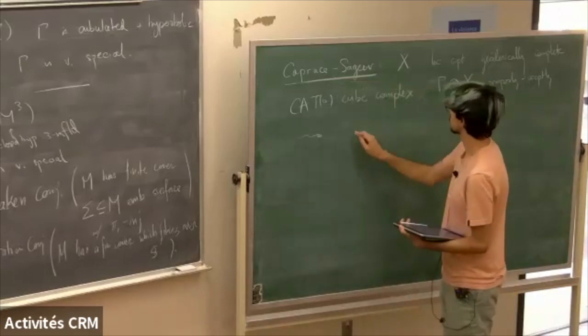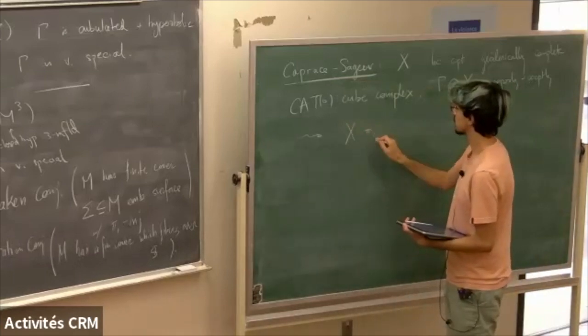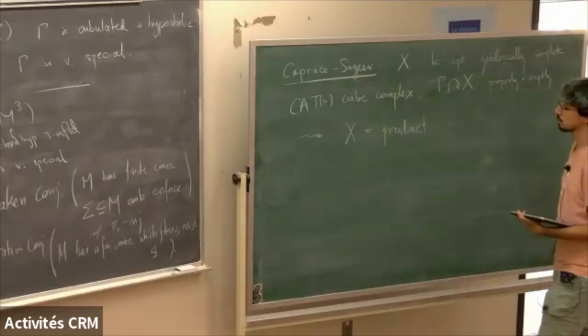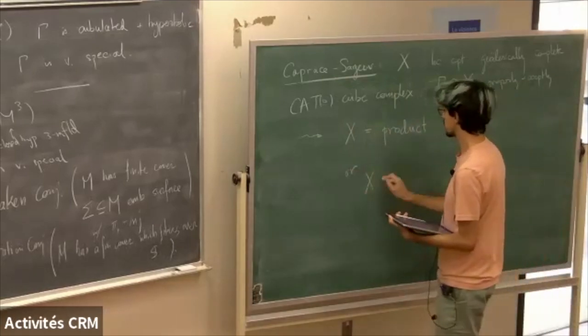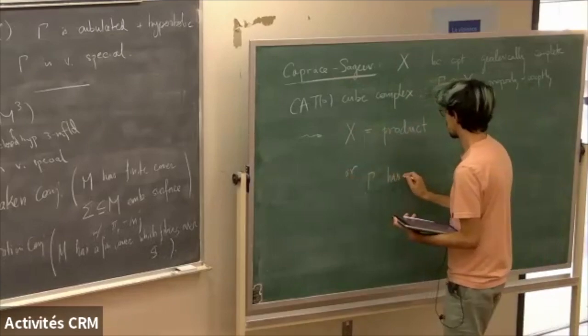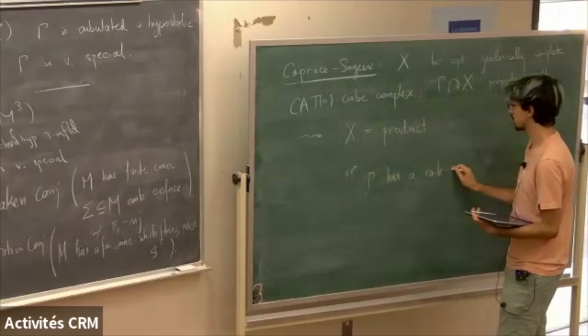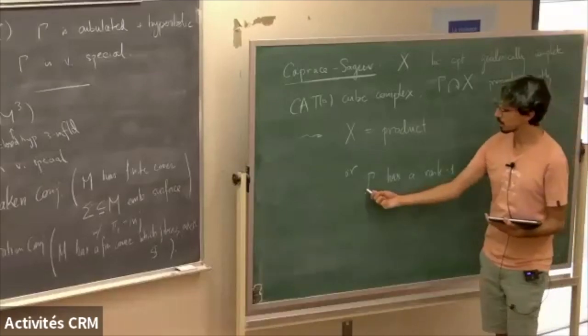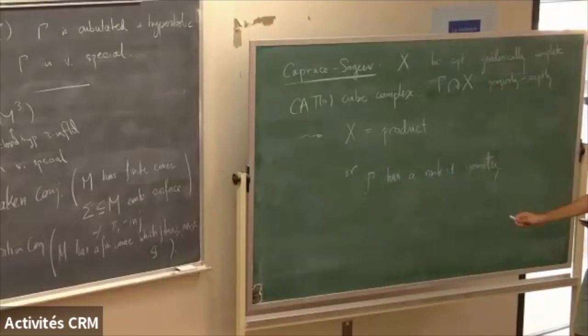Then really we have two options here. Either X is a product, or gamma has a rank 1 isometry, meaning there is an element of gamma that acts on X with an axis, moving along some axis in such a way that this axis does not bound any half flat.